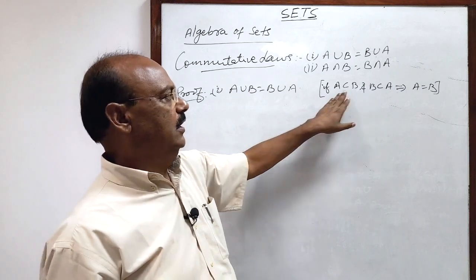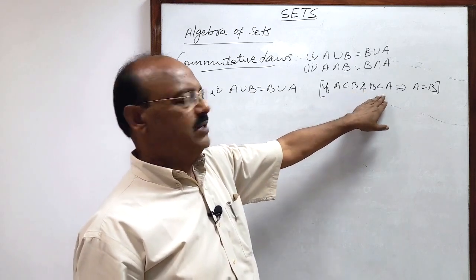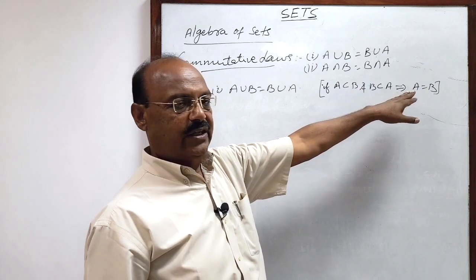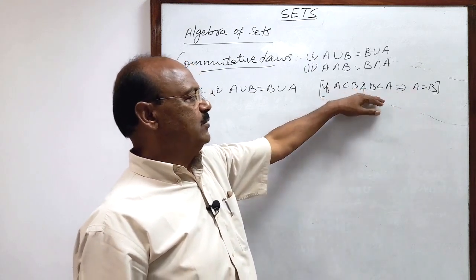Using this property, A is a subset of B and B is a subset of A will imply that A is equal to B. So we are going to use this property here.